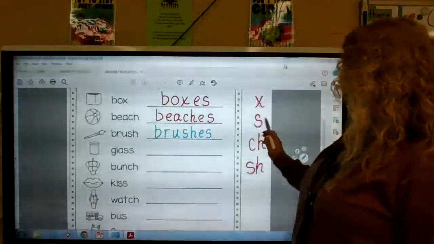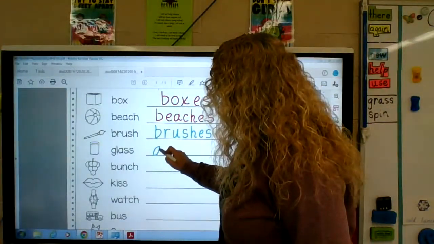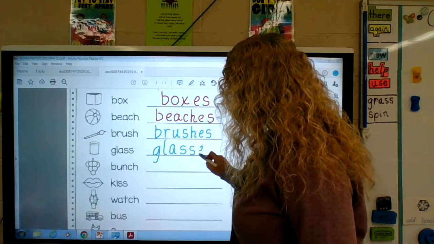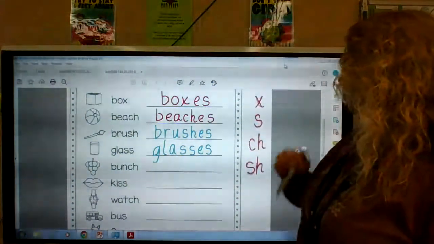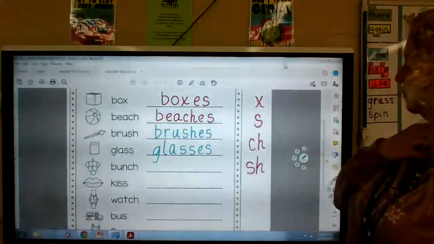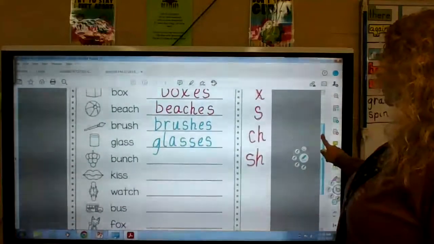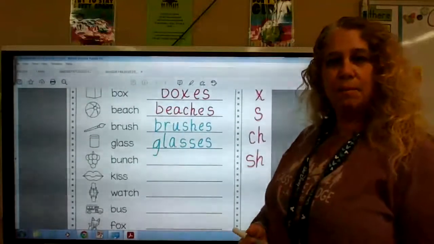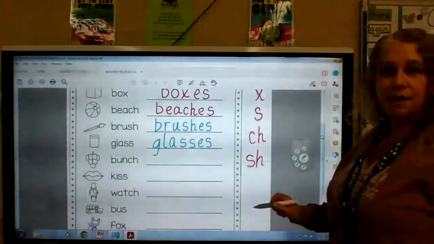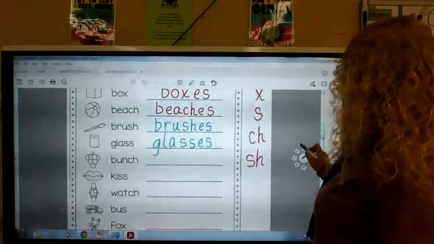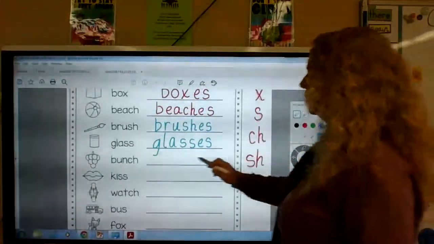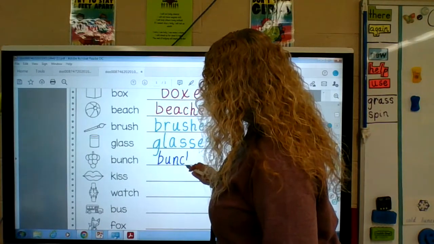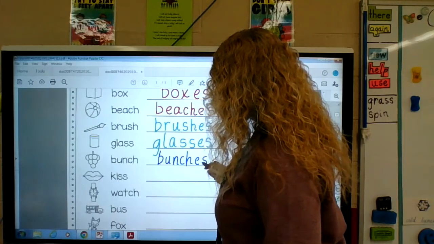Glasses, because that one ends in an S. Bunch, like a bunch of grapes. Bunches, yes, because CH we have to add the ES again. Looks like maybe we're going to add ES to all of these. What do you think? Bunches.